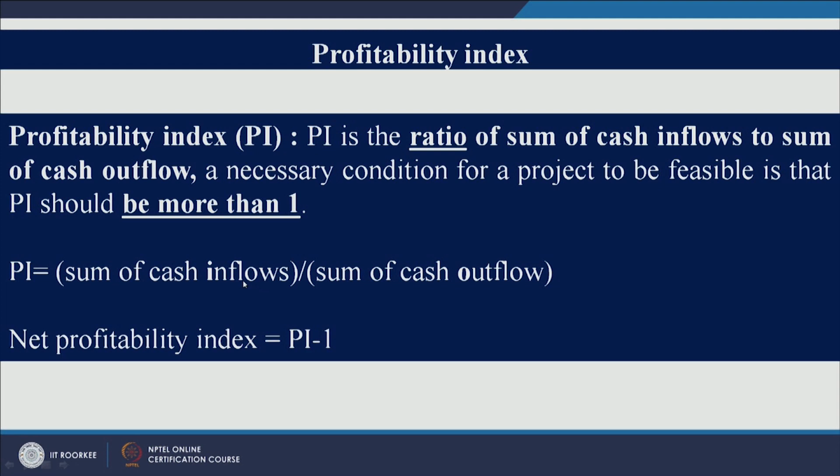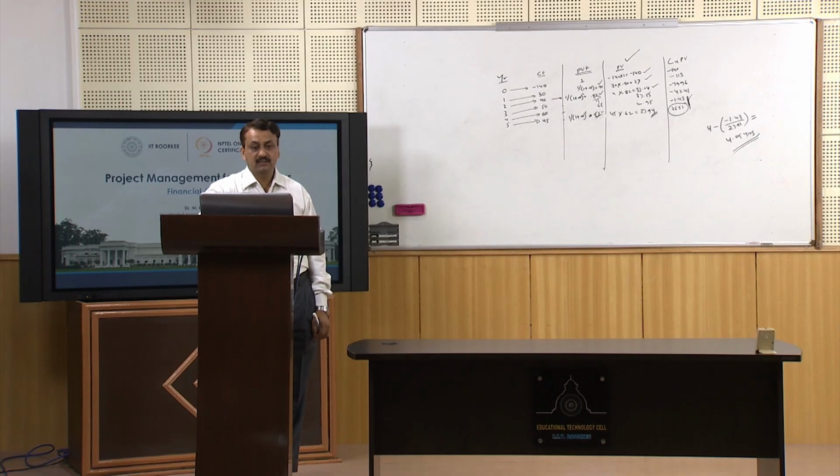Don't interchange these values: in the denominator you have outflows and inflows are the numerator. Inflows have to be more than outflows, then only you will say the project is profitable. And the net profitability index is the profitability index minus 1.